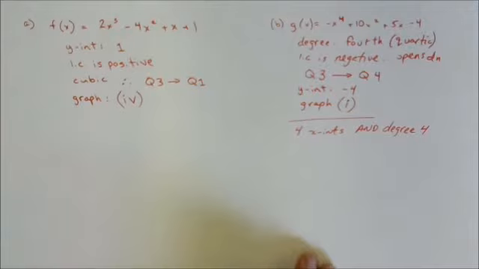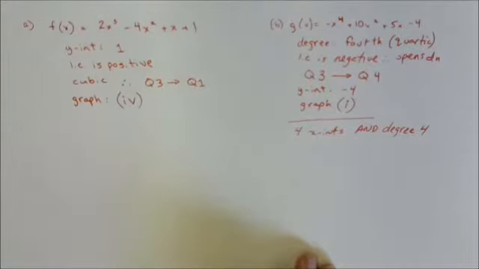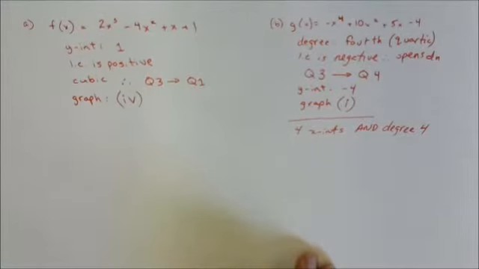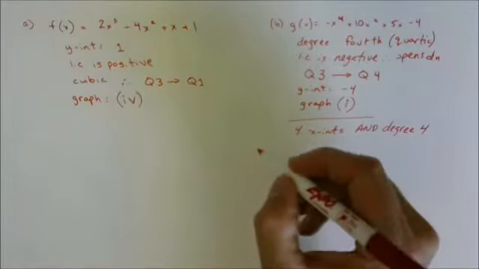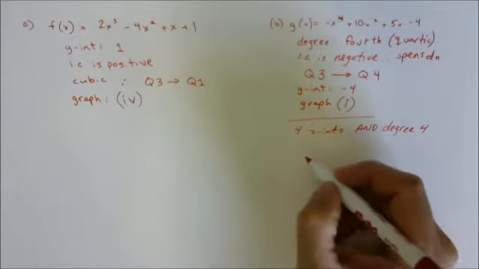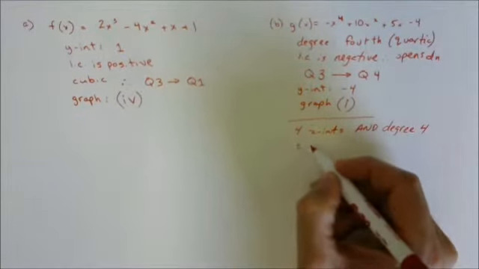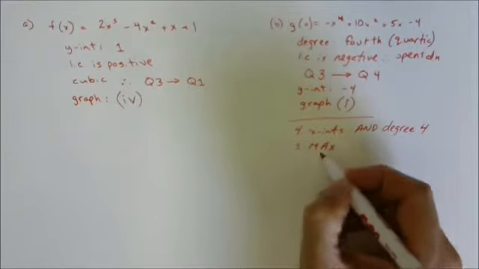How many maximum points? How many maxes? Like absolute maximum. We're looking at graph number 1. There's 2? So there are 2 local max. There's only 1 actual max, right?